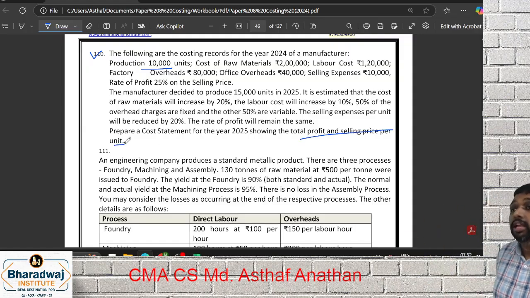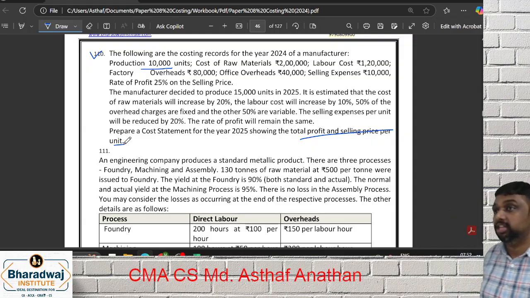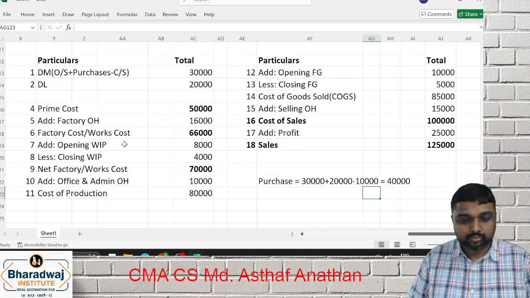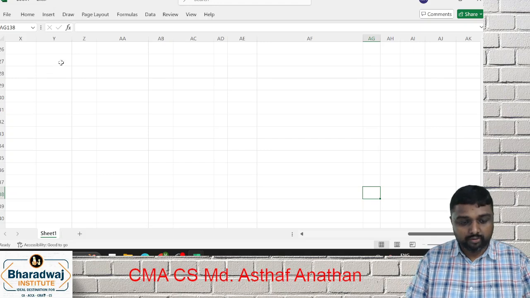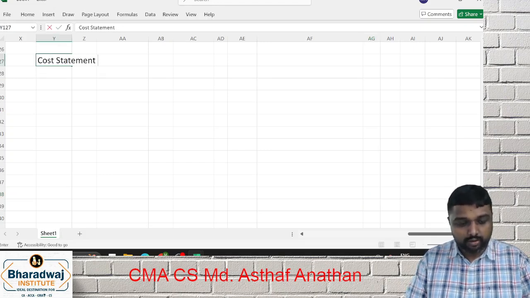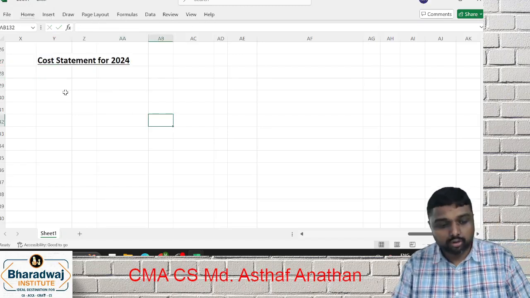If you want to do this very well, it is better for you to prepare a per unit previous year cost sheet first. First you have to go for the previous year cost sheet. So you will go for the cost statement for 2024.